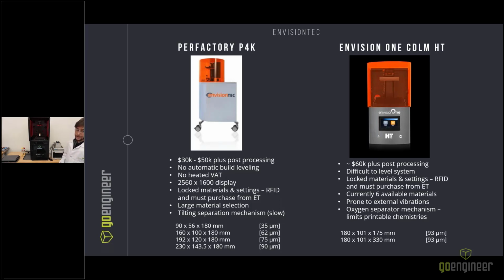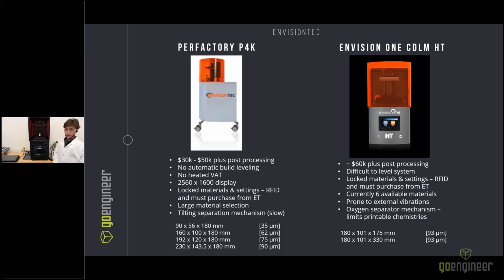Again, the EnvisionTech has a locked material and locked settings. If you want to improve any of your process parameters or your print speeds, that is not available with the EnvisionTech machines. The pixel size is about double what the Origin 1 is, so expect about half of the accuracy on an Envision 1.